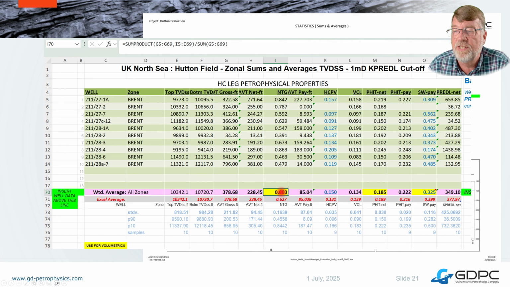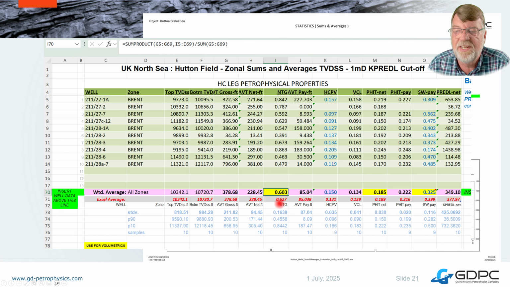The average net to gross uses this sumproduct equation. The sumproduct of the gross times the corresponding net to gross, divided by the sum of the gross. So the gross interval times the net interval will give you the correctly weighted net to gross property.